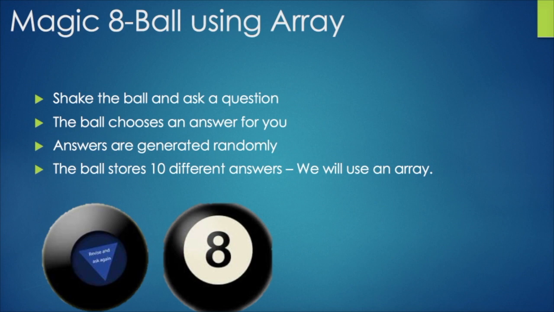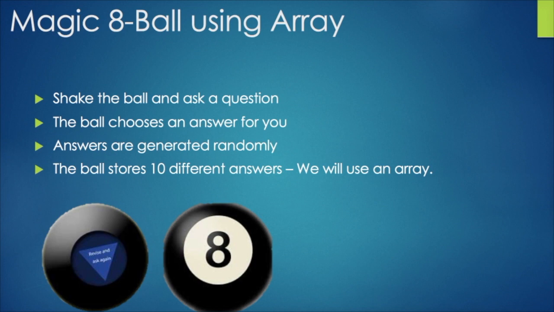What it's really doing behind the scenes is generating a random number, and then matching it with some corresponding answer that it has already in the ball. I don't want to dash your hopes of the magic 8-ball, but that's basically what's happening. And we're going to use an array to store these different answers within the magic 8-ball, okay?